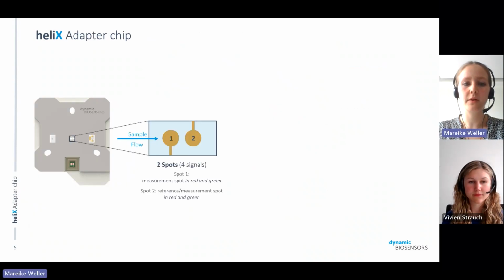To go a little bit more in depth into how the setup is, the biochip contains two electrodes, also called spots, that are spatially separated. They are in the same flow chamber, so we have a flow from the left to the right, where we can bring in our ligands and our analytes for association and dissociation.